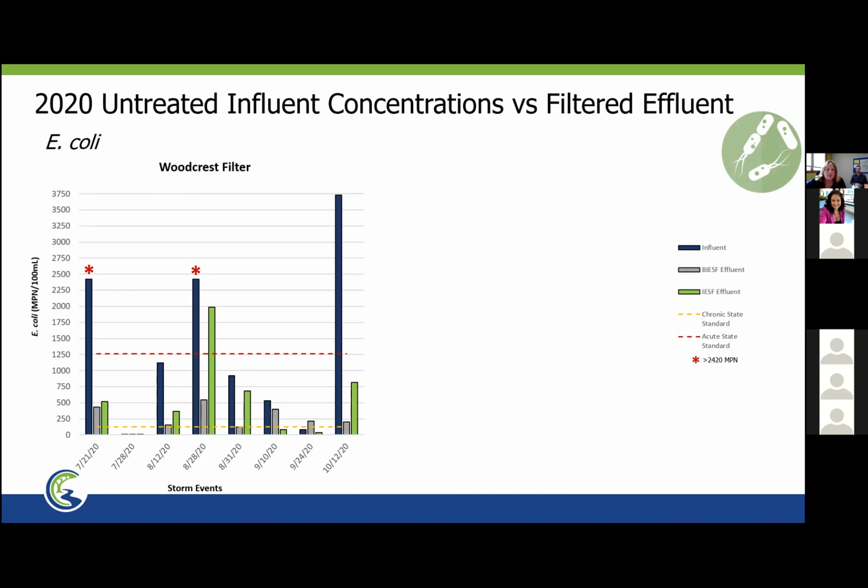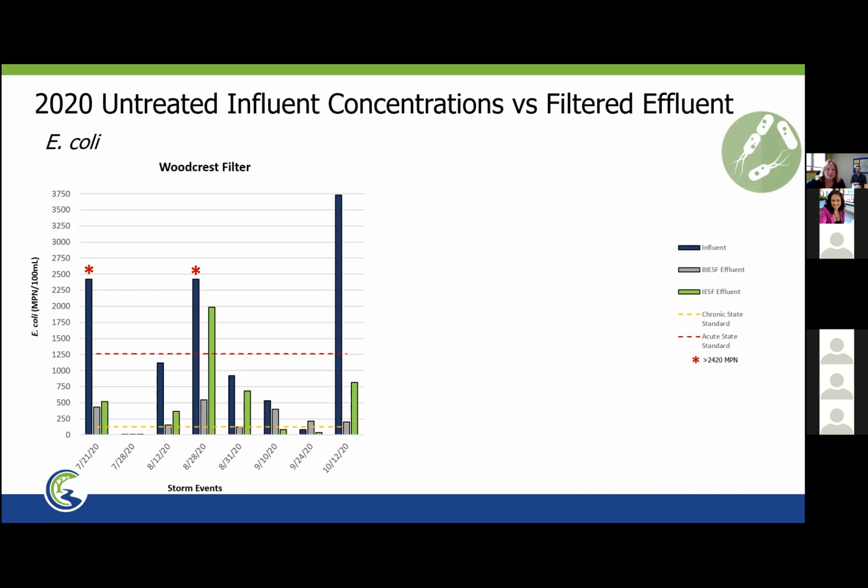And you can see we have these asterisks here. That is because if you submit E. coli to the lab, there's a maximum reporting limit of 2260, which is basically how much E. coli they can count. And they just say, well, it's above that. So we ran into that a couple of times.